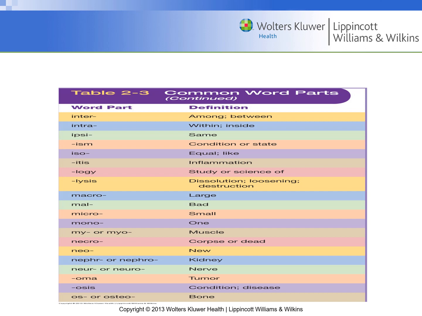Nephra or nephro, the kidney. Neuro refers to anything with respect to the nerve or the nervous system. Oma refers to a tumor. Osis is also a condition or a disease. Os or osteo is usually referring to something that has to do with the bone.